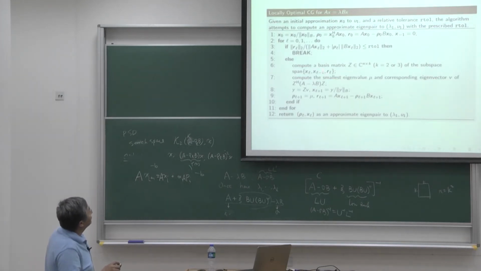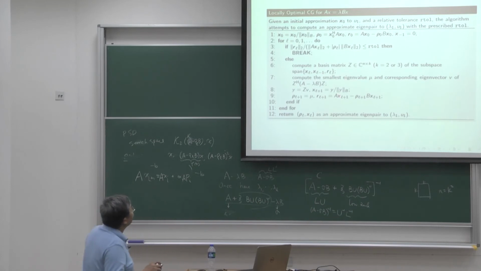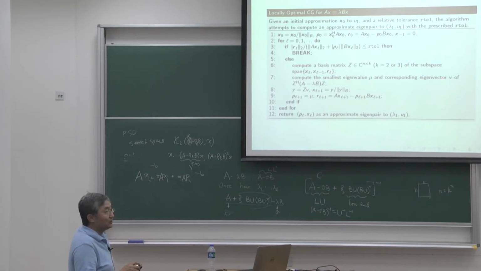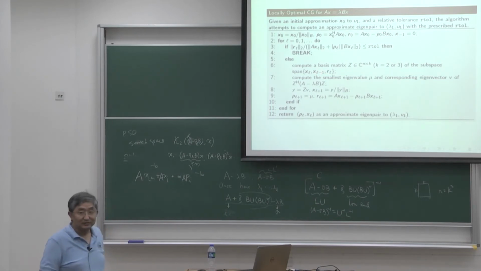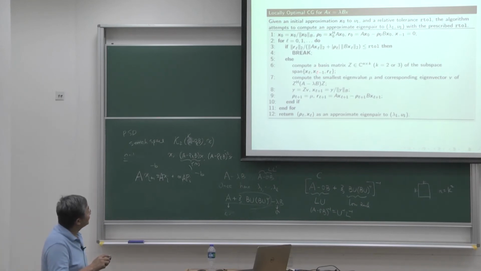Now, what does this differ from the previous one? It looks a lot more like SD than CG. In the SD case, you just don't have x_{l-1}. Compared to SD, the only difference is that you put one more vector in. The SD case is always dimension 2.